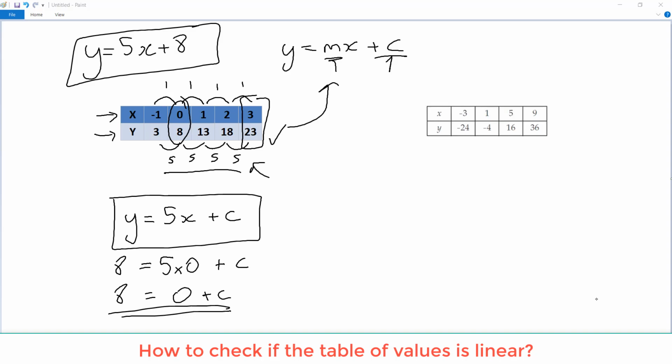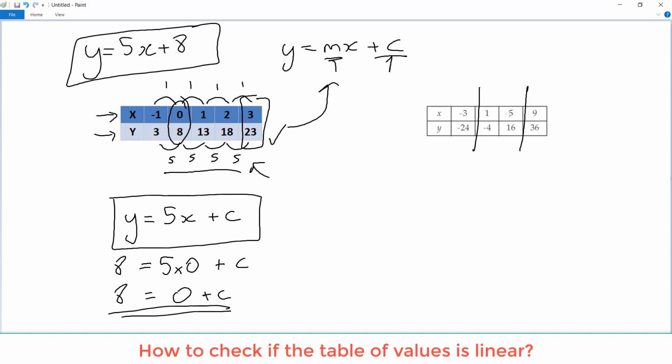Okay, now it's a little bit harder when you don't have the change in 1 up at the top to find out if the bottom's the same change. Now this one is actually changing the same up the top each time, but let's just take an example looking at these values here to see how we might find what m could be, and then move on to see if this is linear.